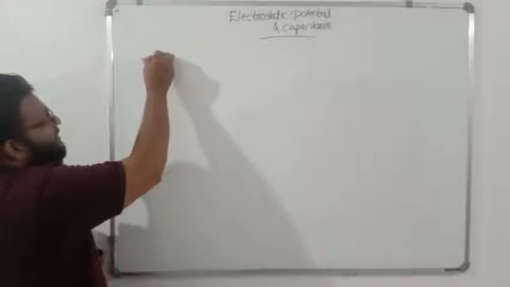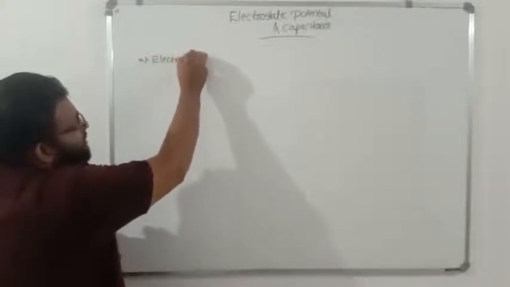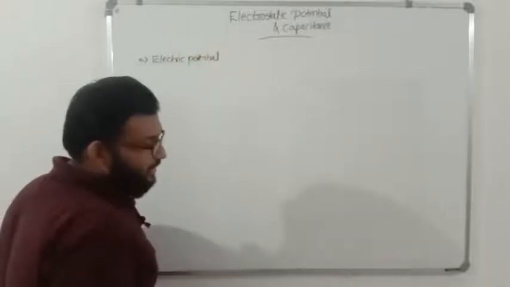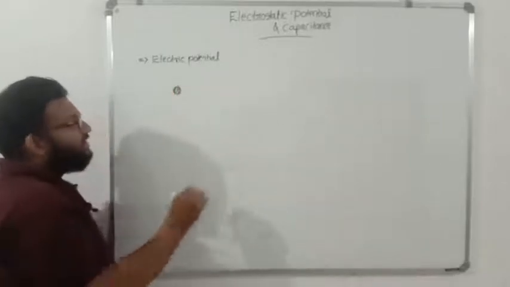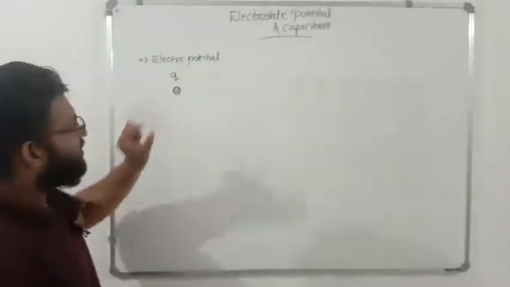So first of all, we will discuss the concept of electric potential, or we can say electrostatic potential. Suppose we are having a charge, a point charge which is initially at rest, a static charge.